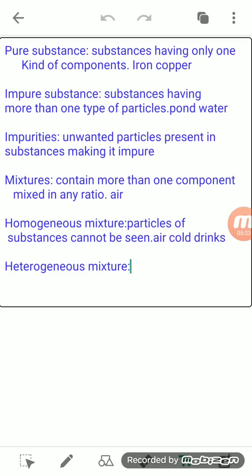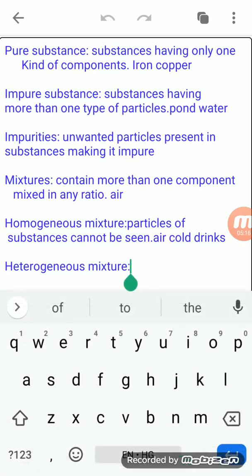If you add oil in water, you can see that the surface of the water is totally covered with the oil. So this kind of mixture is known as a heterogeneous mixture. Dust in air: if dust is present in the air, then yes, you are able to distinguish that the air is dusty.